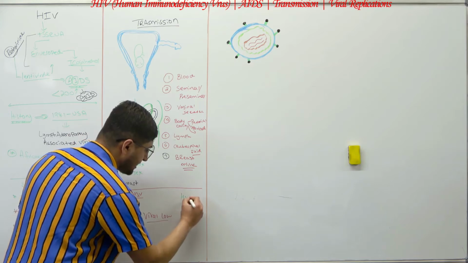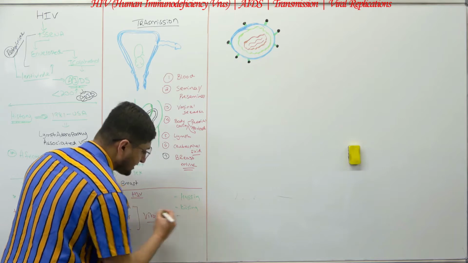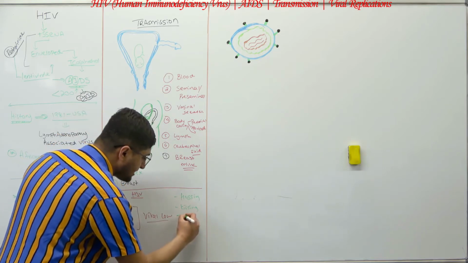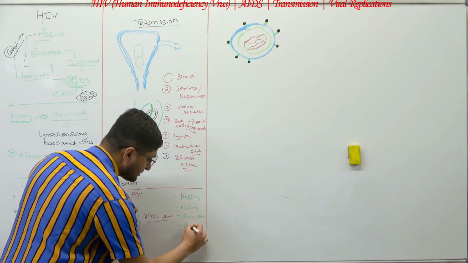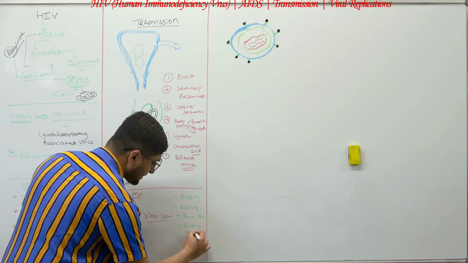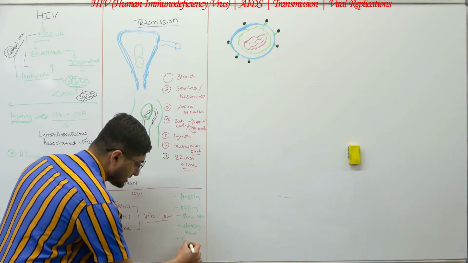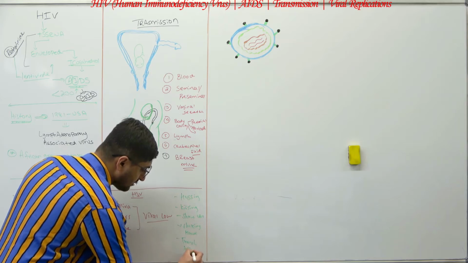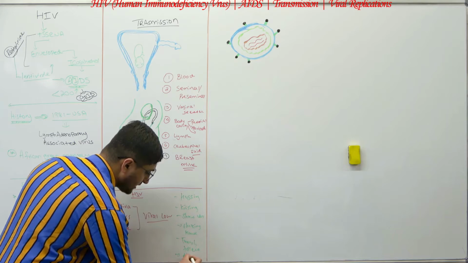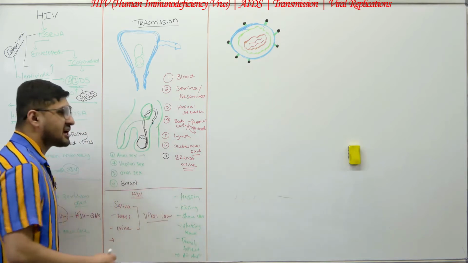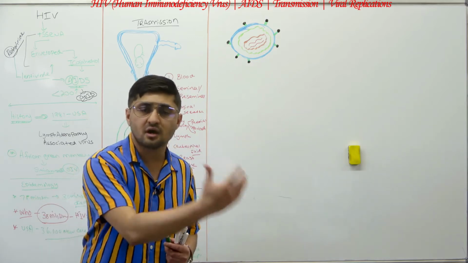So by, let's say, hugging, kissing, sharing utensils, shaking hands, or through toilet seats, or through airdrops, these HIV do not get transmitted to other persons, right?